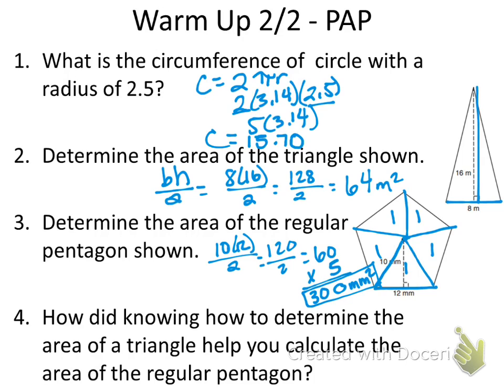Number 4 said, how did knowing how to determine the area of the triangle help you to calculate the area of the regular pentagon? We took that pentagon and cut it up into smaller triangles that we already knew, so that we could figure out the area of that pentagon.